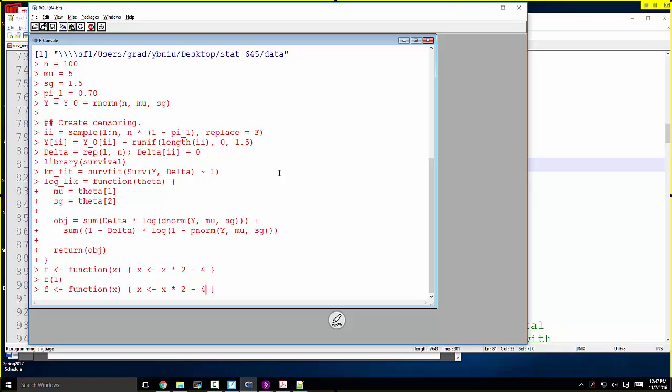If I want, after calling this function, to have the result returned to me, I can do one of two things.